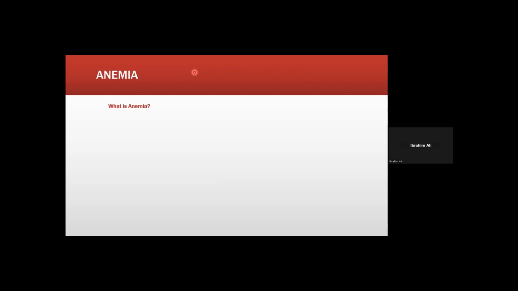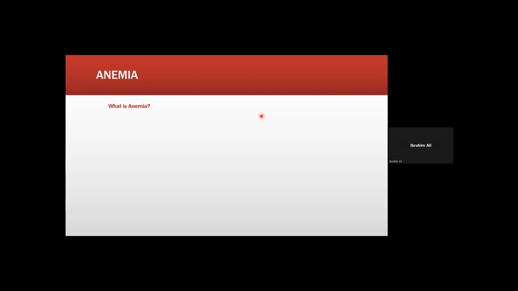For anemia, you have to say things. In your definition, you must have reduction in hemoglobin in accordance to sex, you have to mention sex, and you have to mention geographical location.